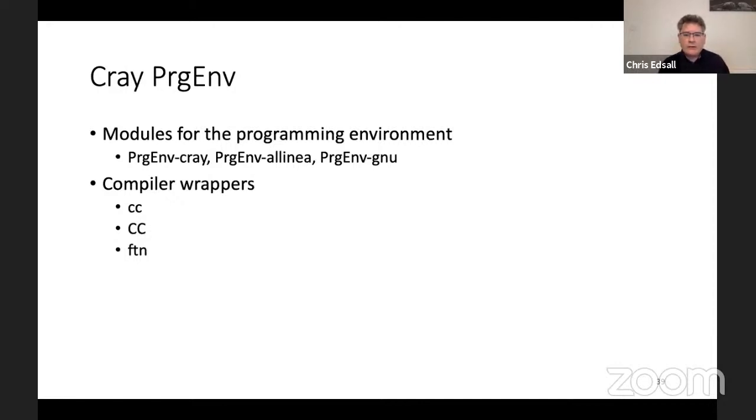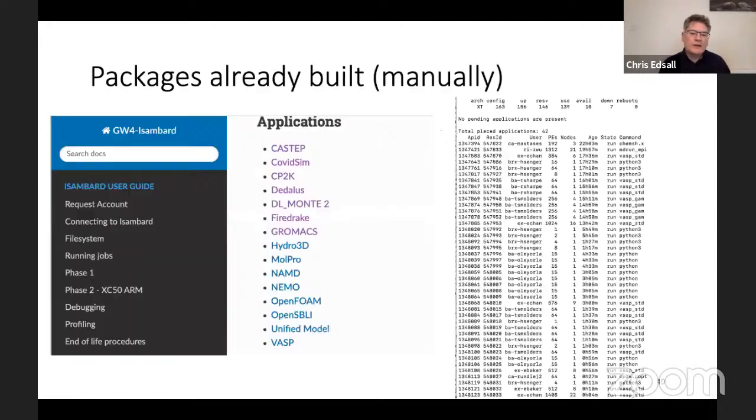No matter which one you choose, you always call the C compiler lowercase cc, the C++ compiler uppercase CC, and the Fortran compiler is always called ftn. And then it goes through the various wrappers and ensures that you get, well, it doesn't ensure you get a successful build. Hopefully you get a successful build.